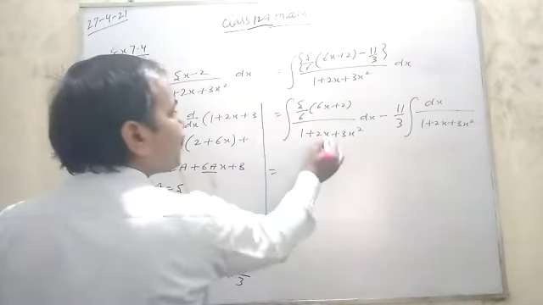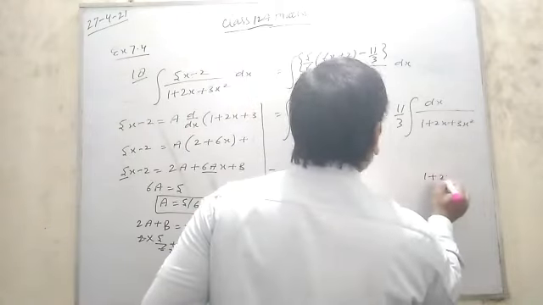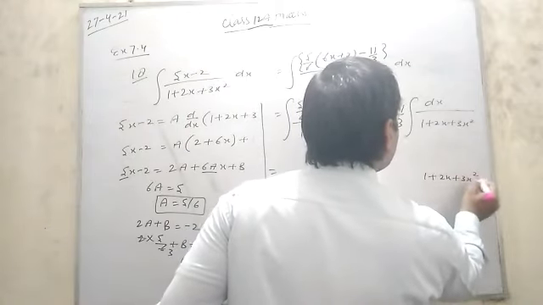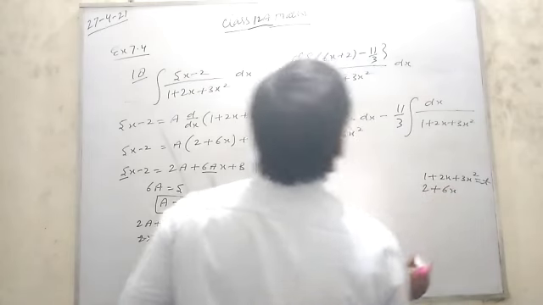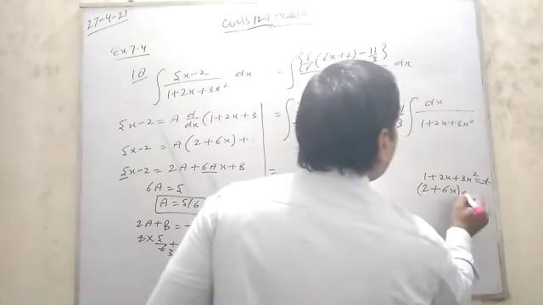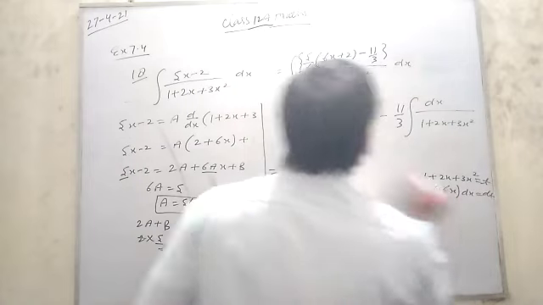So here suppose 1 plus 2x plus 3x square is equal to t. So 2 plus 6x dx is equal to dt.